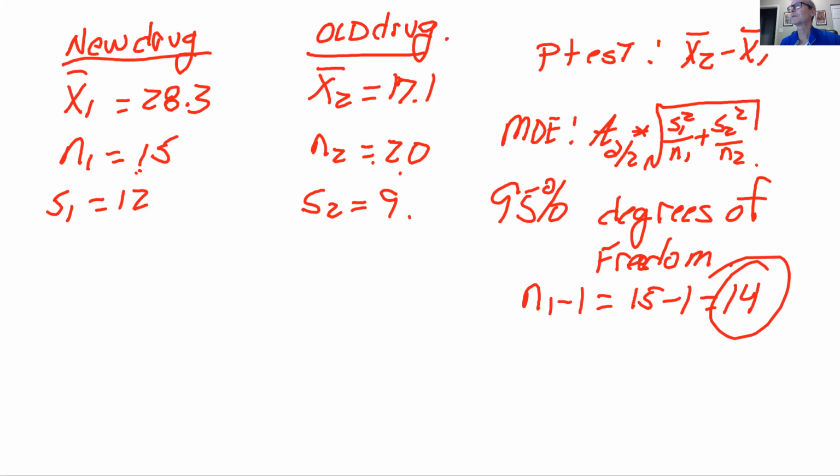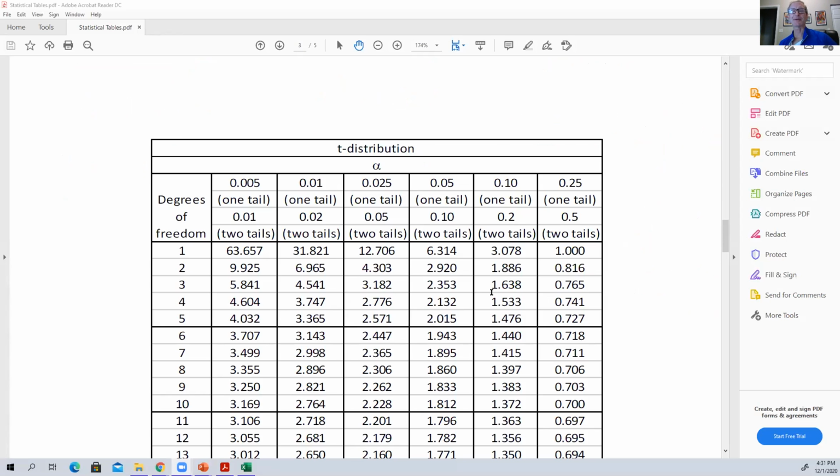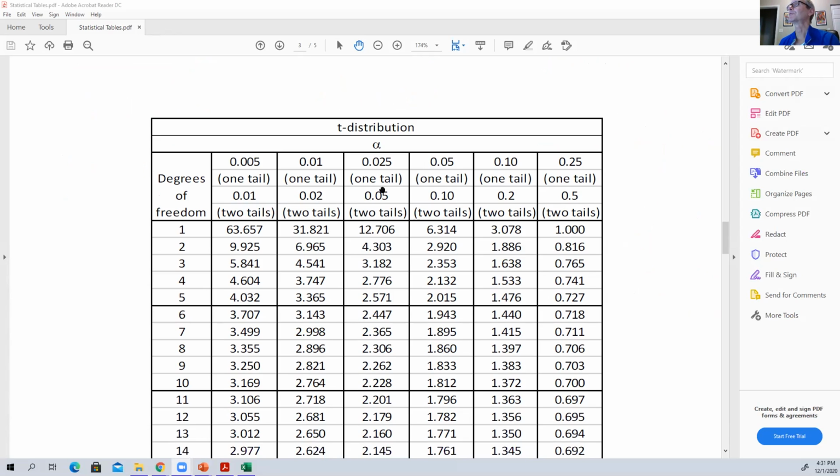Let me pull the table up. Okay, here's our table. We're doing a 95% confidence level, so for the two tails it'd be 0.05.